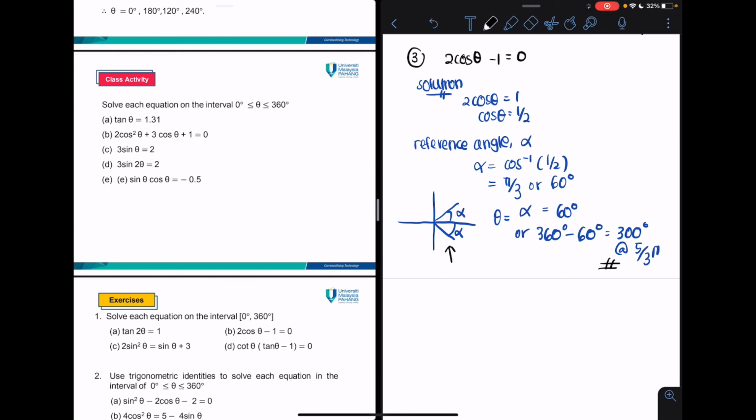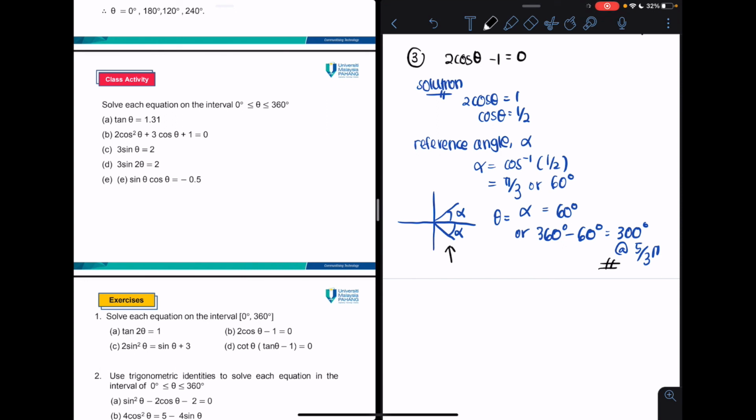By referring to the diagram that I have sketched in this solution, the diagram shows how alpha or the reference angle is measured. Since we are looking for possible values of theta and at the same time the cosine function is positive, based on the diagram I have shown earlier, cosine will be positive in the first and fourth quadrant.